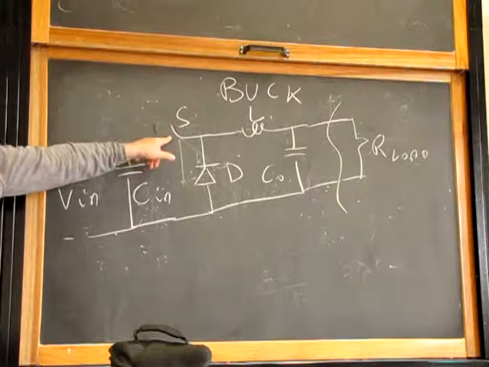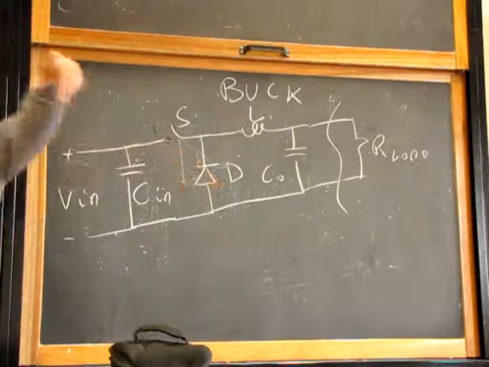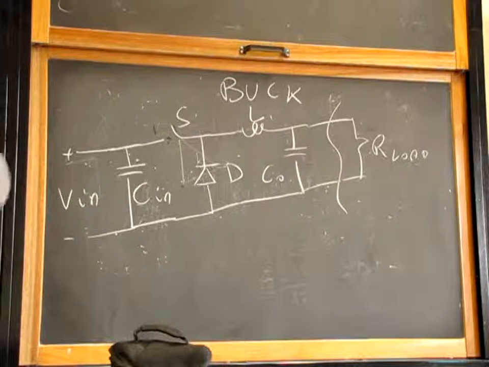This is a switch. What about the diode? Is a diode a switch as well? Some said yes, some said maybe, some said no, it's not a switch, not completely, because there is a voltage drop across it.